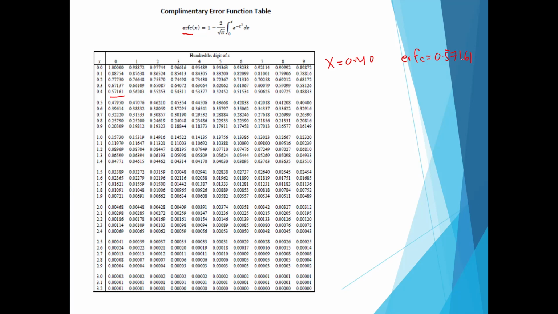Or if the input is 0.49, the complementary error function is equal to 0.48833. So it is important for you to understand how to use the table.